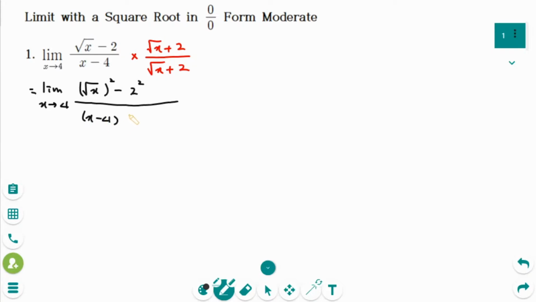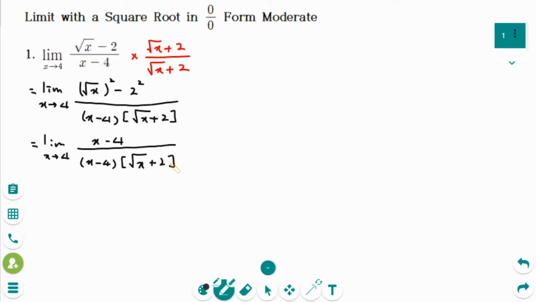So x minus 4 times square root of x plus 2. So the numerator is x minus 4 over x minus 4 times square root of x plus 2.